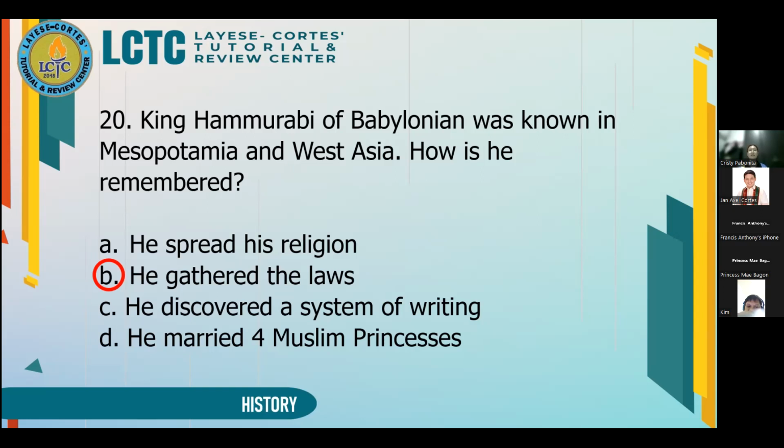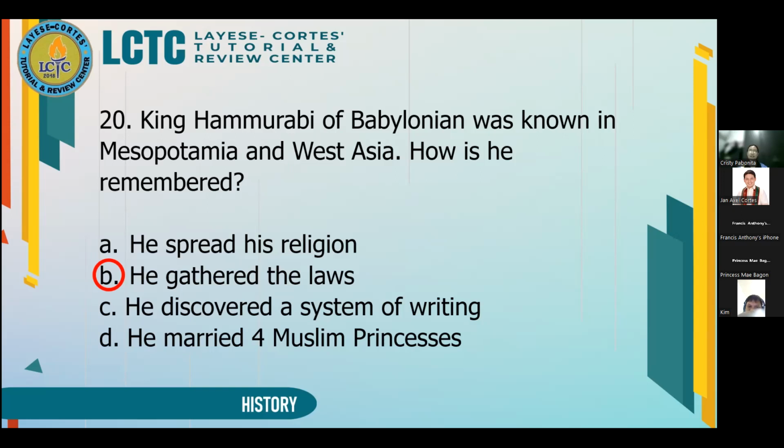King Hammurabi is very well known as a strict, heavy-handed leader, true to his punishments. He really punished those who violated his laws.